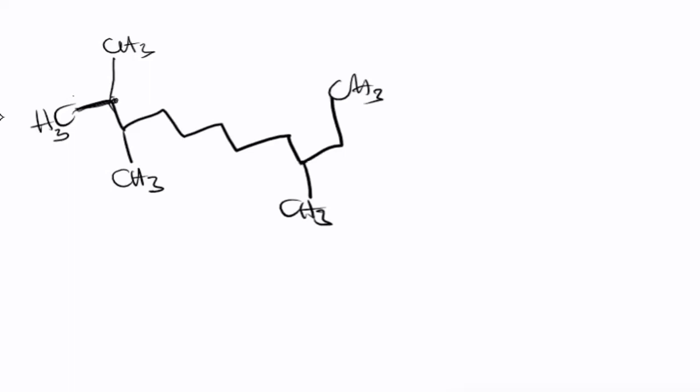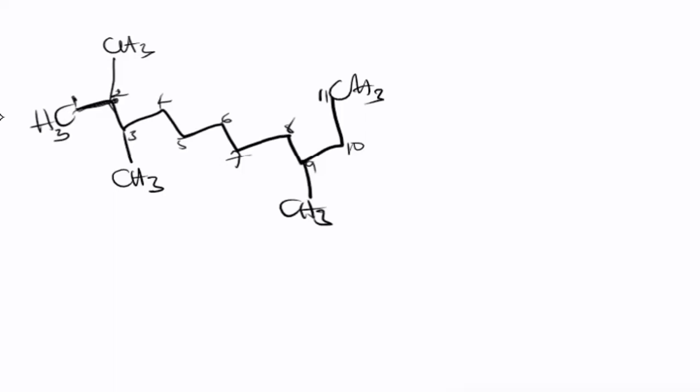So the right way to count is from here, so that I will have my alkyl substituent indicated with the lowest possible number. So I'll have 1, my alkyl at 2, my alkyl at 3, then 4, 5, 6, 7, 8, 9, 10, 11. So what's 11 again? 11 carbon alkane.